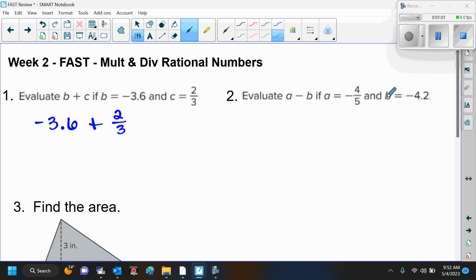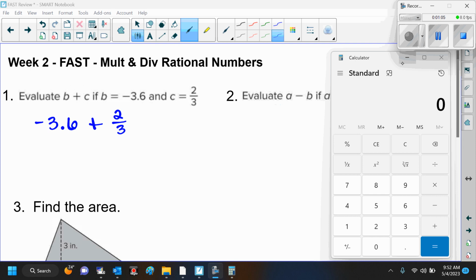But look at what happens when you change 2/3 to a decimal. You divide 2 divided by 3, and what do you get? It's a repeating decimal. So that means we want to calculate this problem with fractions. Is everybody clear with that?